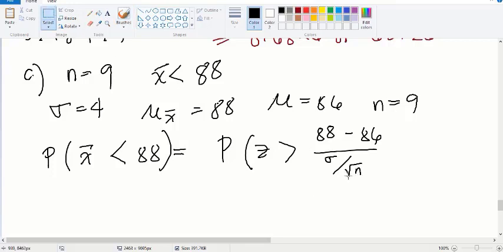Okay? So, i-substitute ko na lang agad. So, that would be 4 over square root of 9. Okay? So, using your calculator, 88 minus 86 is 2. 2 divided by 4 over square root of 9 is equals to 1.5.